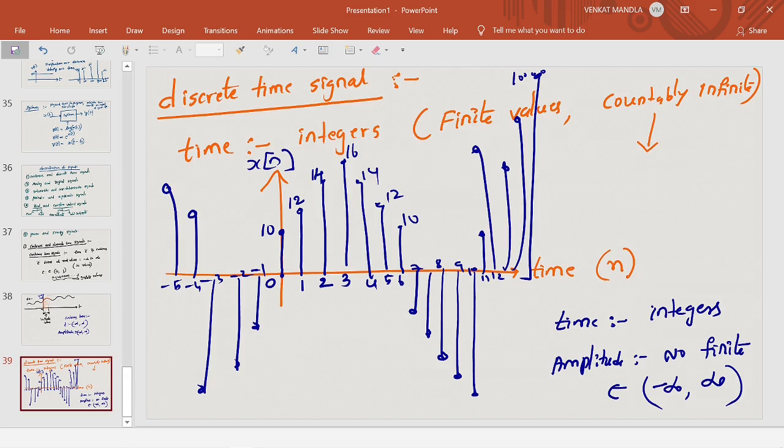Between 0 and 1, in the continuous time case, there are infinite values, but in the discrete time case, between 0 and 1 there is no other value, only 0 and 1. So this is the discrete time signal.